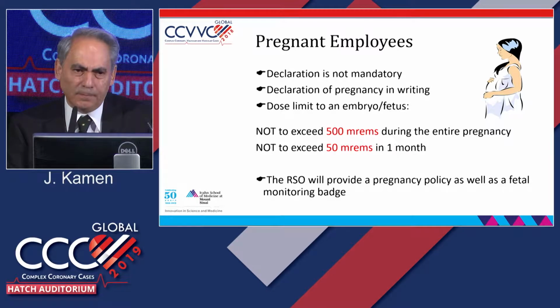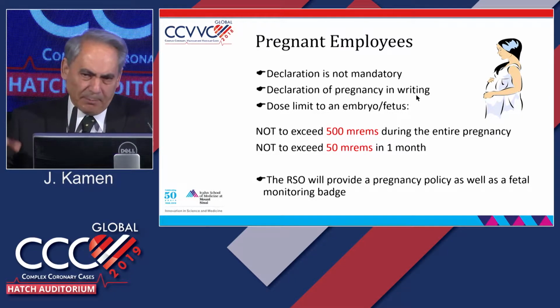If you are a cath lab physician and fluoroscopy operator, but you get pregnant, all you have to do is declare it. It's not mandatory, it's voluntary. Declaration is in writing. You just write down, I am pregnant as of this date. Then we issue a badge for the fetus separately.